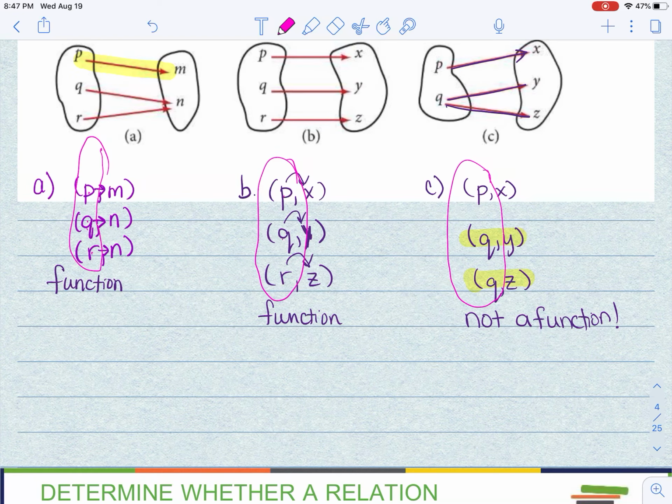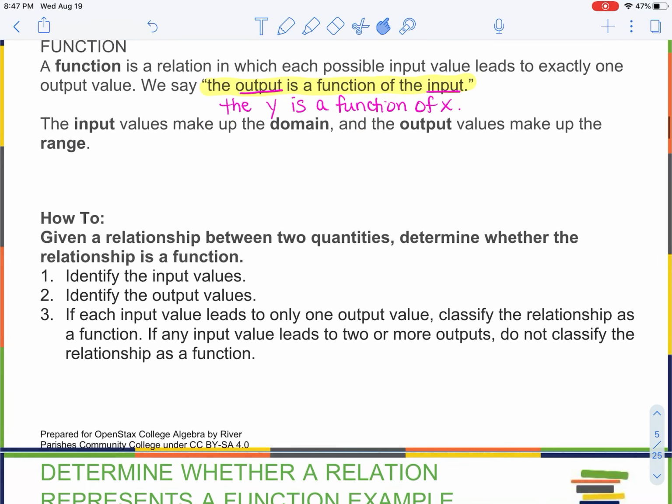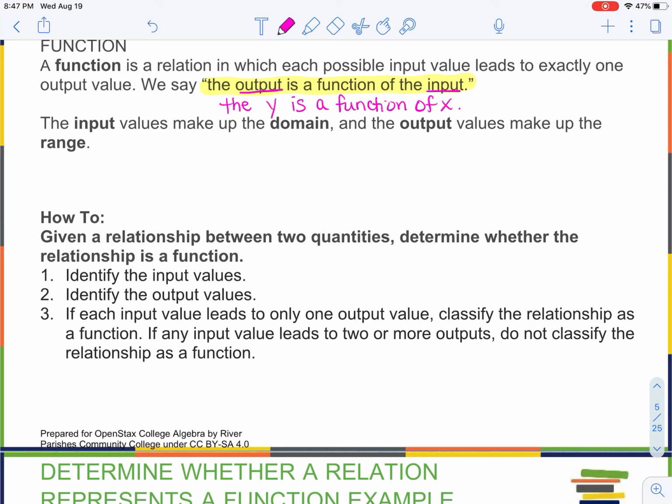And the second one, the inputs are all different. And the third, the inputs, there are a couple that are the same. So if the inputs repeat, it is not a function. That's if we're looking at it as a set of ordered pairs.